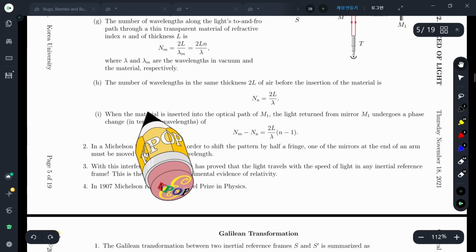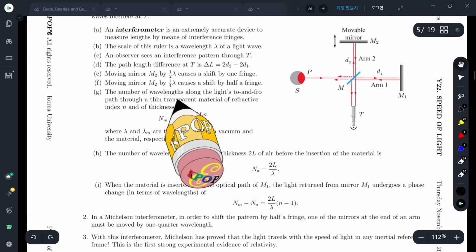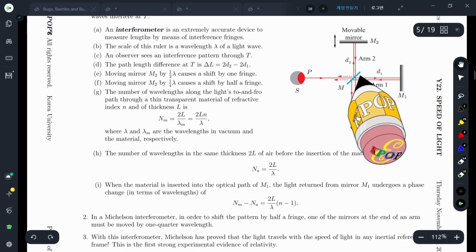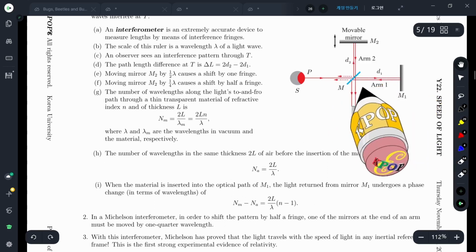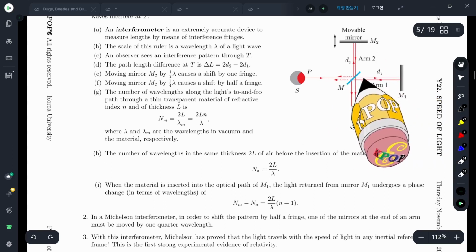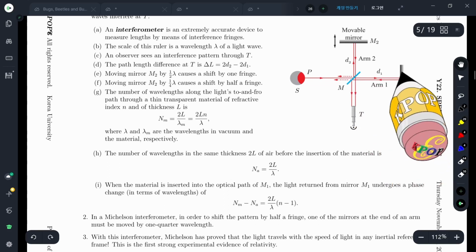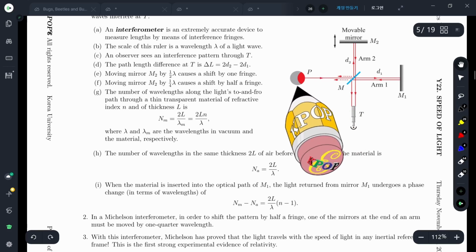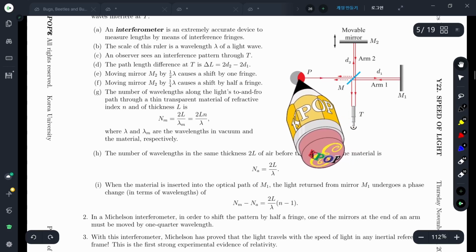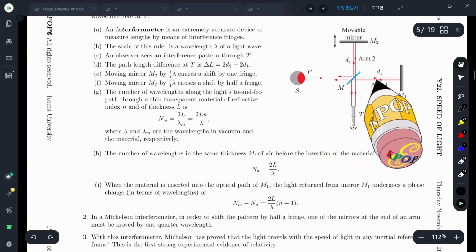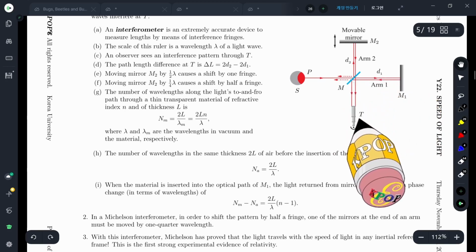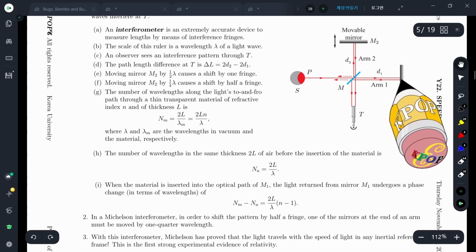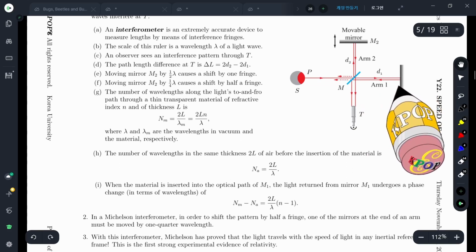Actually, his measurement wanted to measure the speed of light traveling along different paths making a right angle. This is the source, and the source generates the electromagnetic wave, which is visible light, and it returns after bouncing back against the mirror.